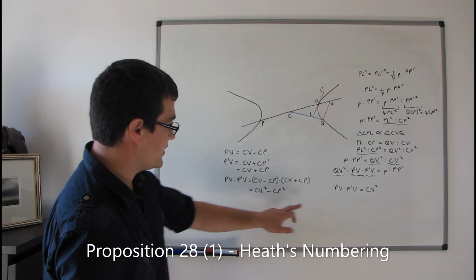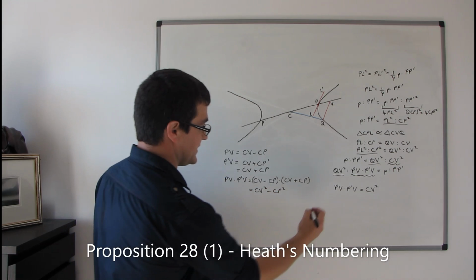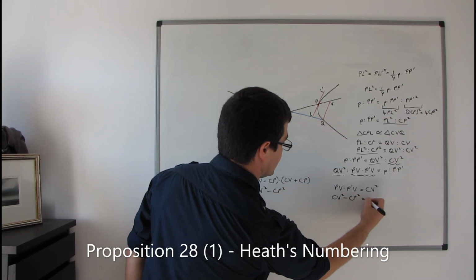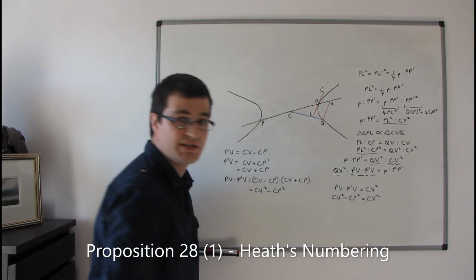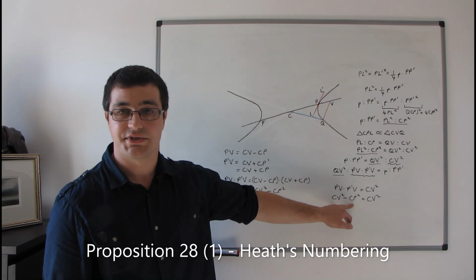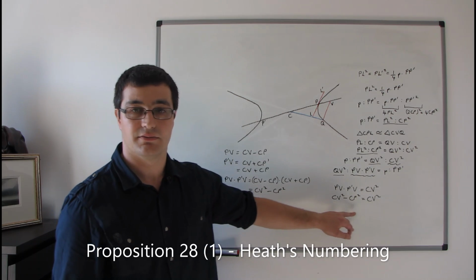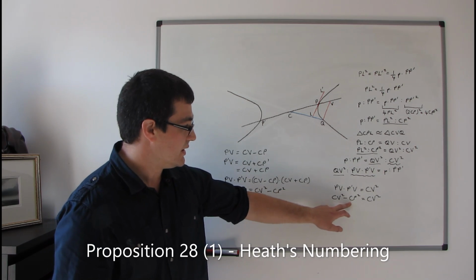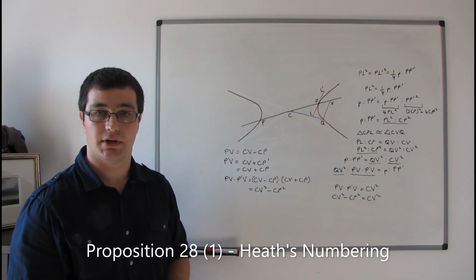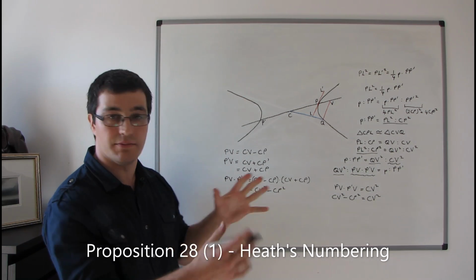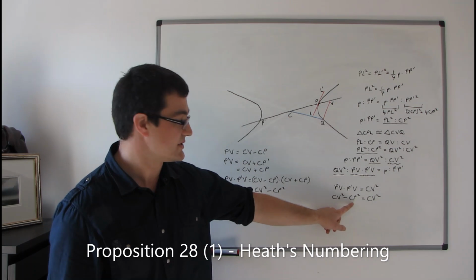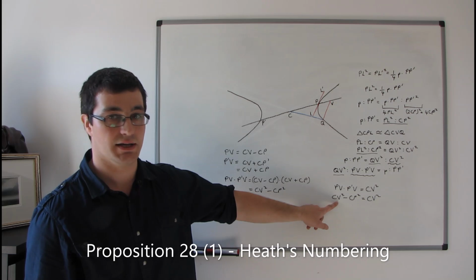So in other words, we've got that CV squared minus CP squared is equal to CV squared, but this is impossible, because unless CP was equal to 0, this is not valid. We know that CP is not equal to 0. It has a finite, definite positive length, so we're subtracting something positive from CV squared.